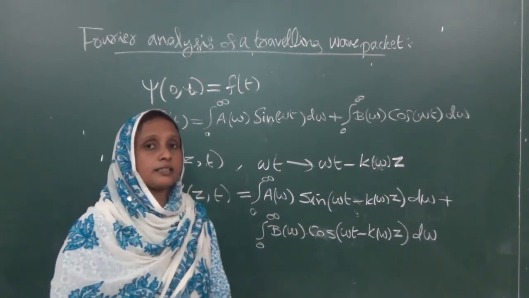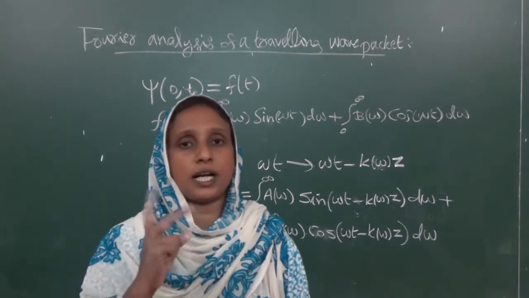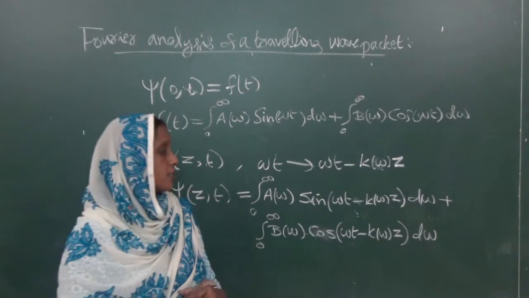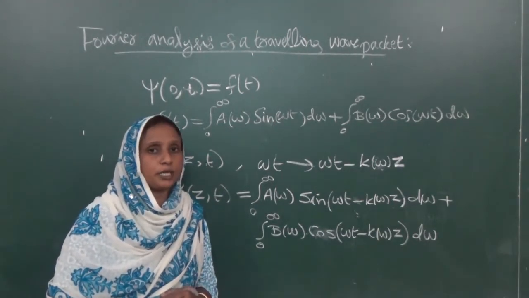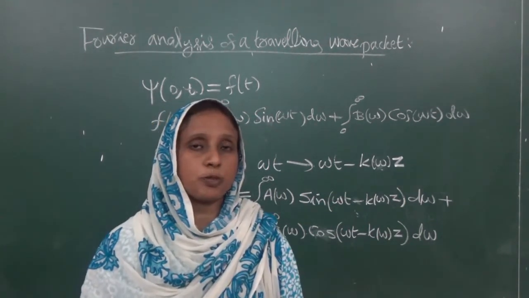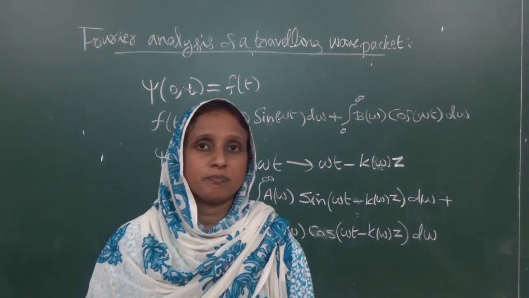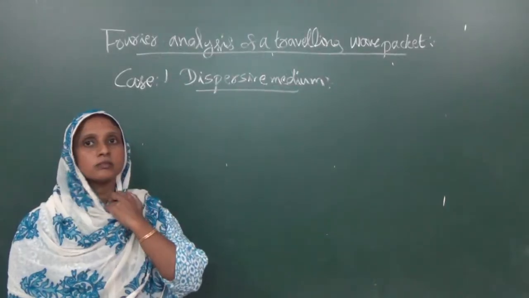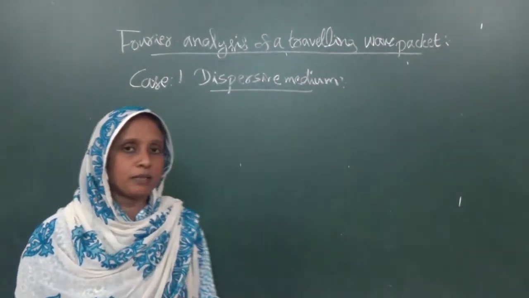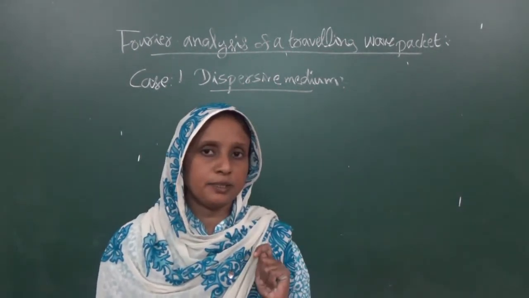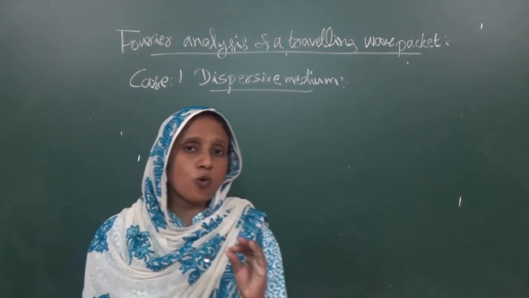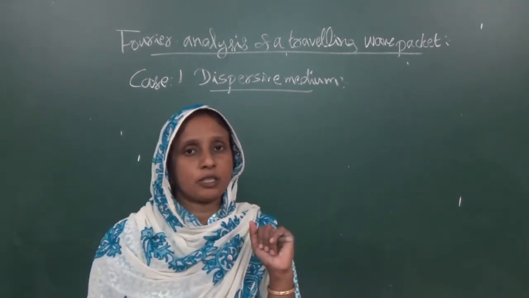Now we can analyze this equation in two contexts. The first one is a dispersive medium and the second one is a non-dispersive medium. So we can move on to case 1, the dispersive medium. In the case of a dispersive medium, we already learned that each frequency component moves with its own phase velocity.